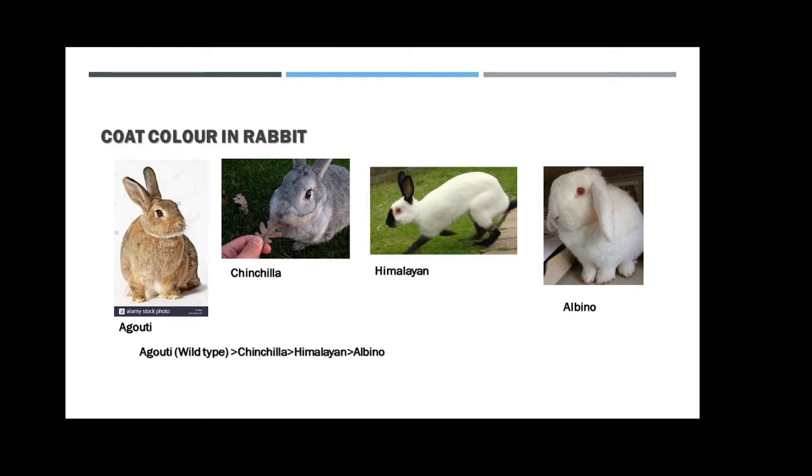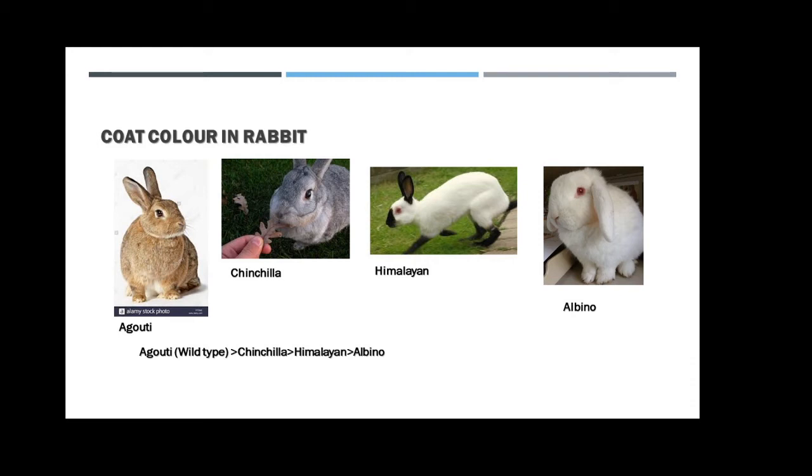Next is the chinchilla color. The agouti color is brown, with black eyes and long, prominent ears. This is agouti, which is the wild type rabbit.